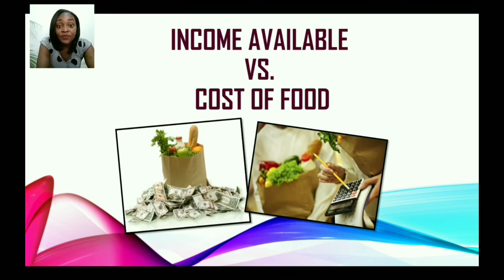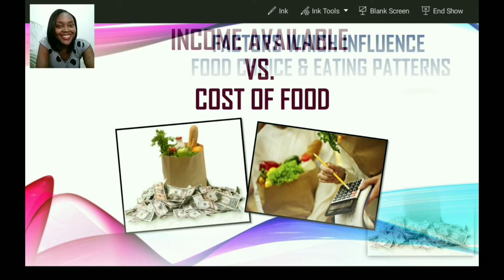Let's go. First factor that we'll be exploring is income available versus the cost of food. How does the income or money available affect one's eating pattern or dietary choices? Let us see.